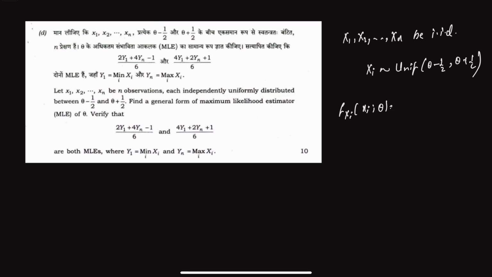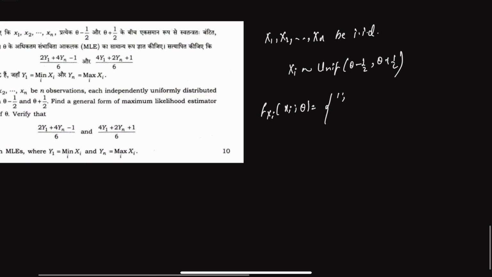So we are having x1, x2 and so on xn, which are i.i.d. and follow uniform theta minus half to theta plus half. That means the PDF f(xi) is 1 if xi is between theta minus half and theta plus half, or 0 otherwise.